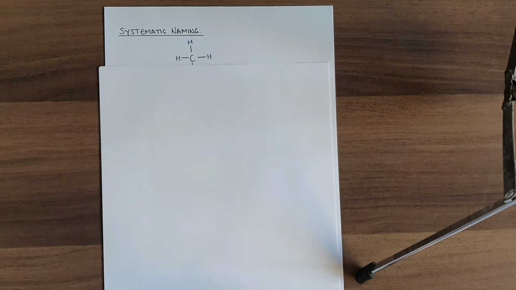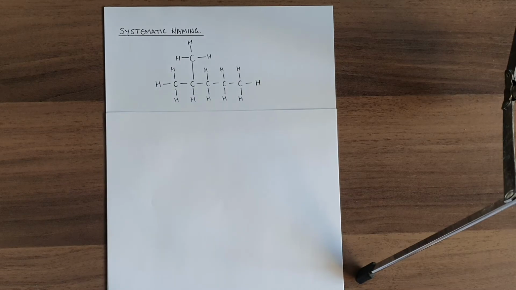So what I'm going to do is show you this structure here, and we're going to take our time and go through the systematic naming process in detail to come up with a detailed name for this compound here. So if we look at it, we can see that it's slightly different from the compounds that we've looked at so far.